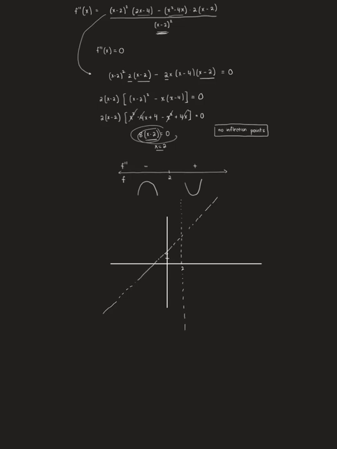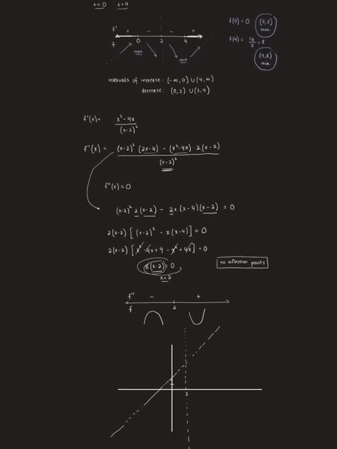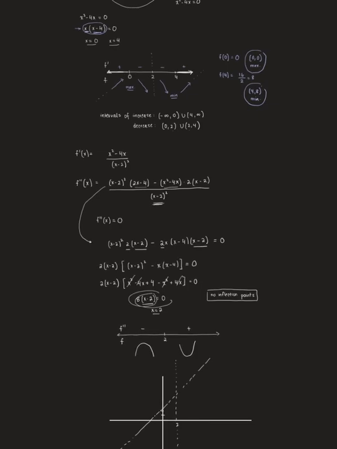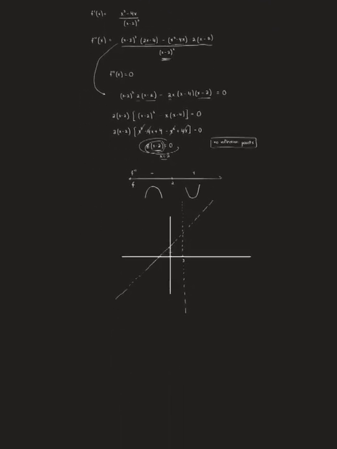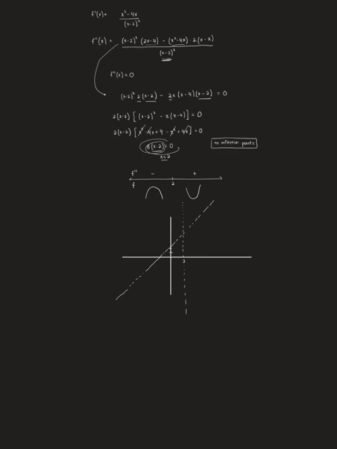Now, I do think we found some values of the function. 0, 0 as a max, 4, 8 as a min. So to give you an idea of what's going on here, 4, 8 is going to be maybe over here. And 0, 0, obviously over here.